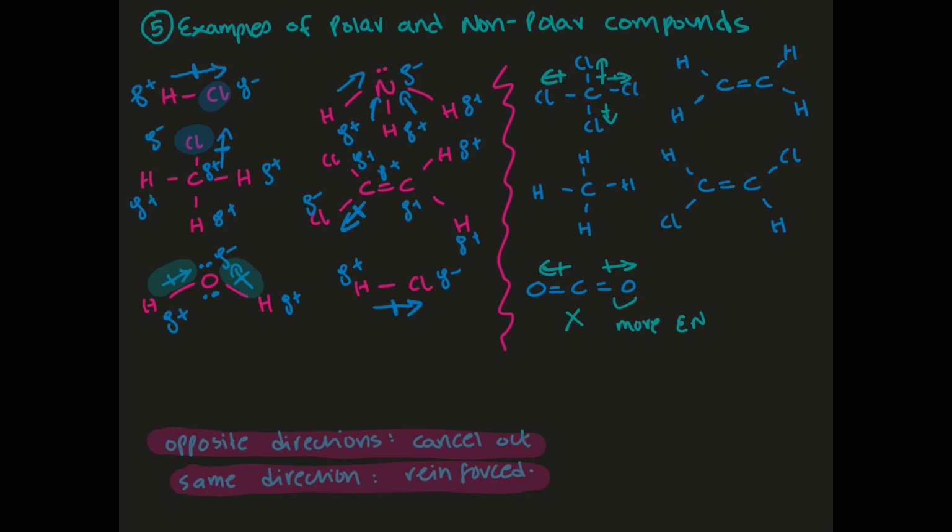In this case, in ethene, similar to ethane, the electronegativity difference between carbon and hydrogen is too less. And over here, since these arrows are moving in opposite directions, the electronegativity difference is going to cancel out, and this is also going to be nonpolar. So all the molecules on this side are nonpolar, and on this side, they're polar.